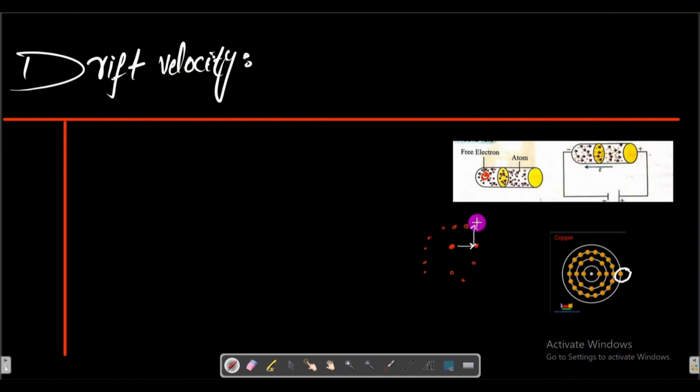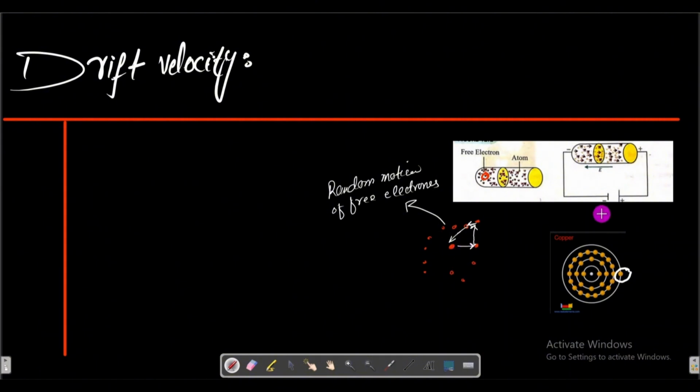When it reaches here, another free electron will be present there and change its direction, and then it changes direction again. Therefore the motion of the free electrons when the potential difference was not provided to this copper strip is random. So here is the random motion of free electrons.